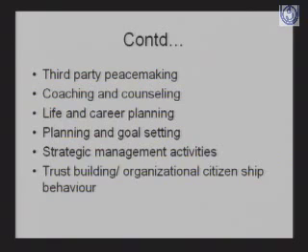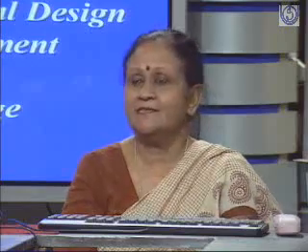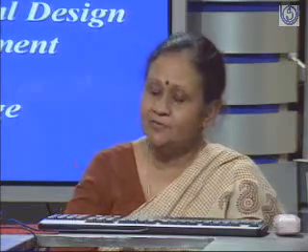And organizational citizenship behavior, which I had talked about, that is OCB, where people are made to perceive the organization as their world and they get involved in citizenship behavior. Who is a good citizen? Who is a member of the civil society? Organization is your civil society.